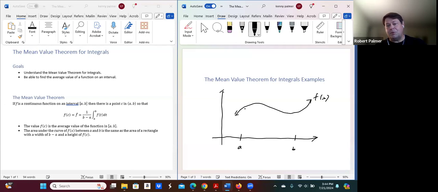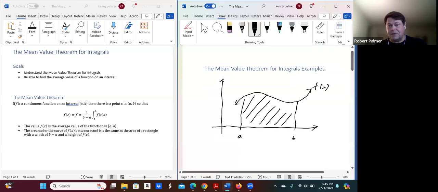Now, of course, we know that the area under the curve from a to b is the integral of f of x from a to b. And also this distance from a to b, if you do b minus a, that's this length. For example, if this is from 3 to 5, 5 minus 3 is 2. We have a width of 2 here.